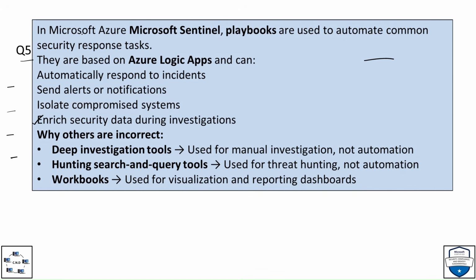And the explanation is, in Microsoft Sentinel, playbooks are used to automate common security response tasks. They are based on Azure Logic Apps and can automatically respond to incidents, send alerts or notifications, isolate compromised systems, and enrich security data during investigation.